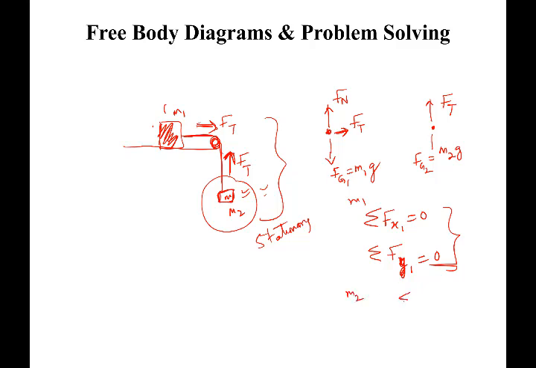If it's not moving, the net forces for mass number 2 in the y direction is equivalent to 0. So net doesn't mean forces are not acting. Net means that the sum of all the forces in the y direction and x direction in these two scenarios is 0 if there is no motion.